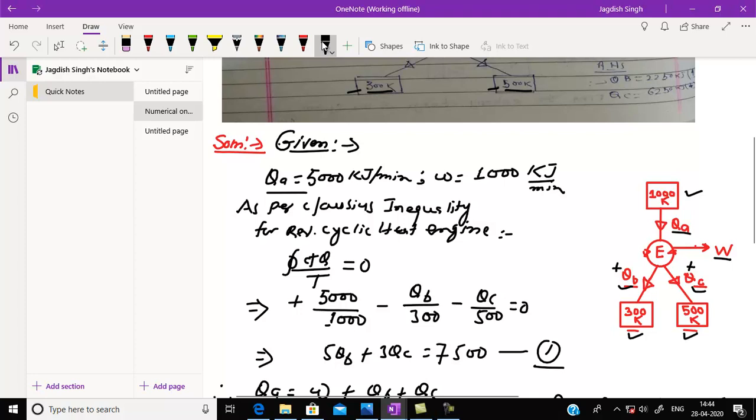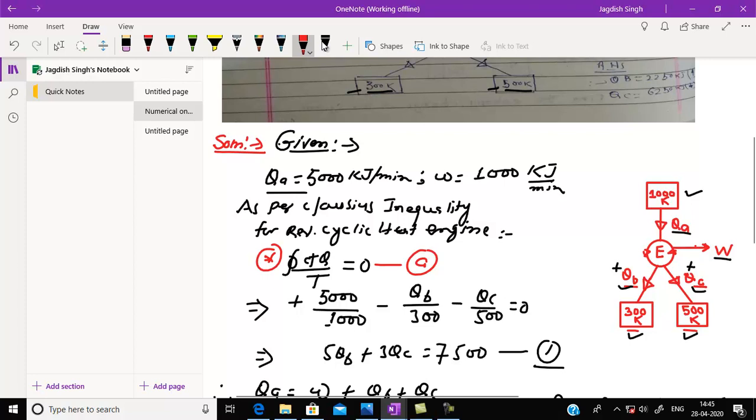Okay, as per the Clausius inequality for a reversible cyclic heat engine, the cyclic integral of dq by T is equal to 0. Let us call this equation A. We know this equation, right? So we have to find dq by T for all three quantities of heat flow, right?